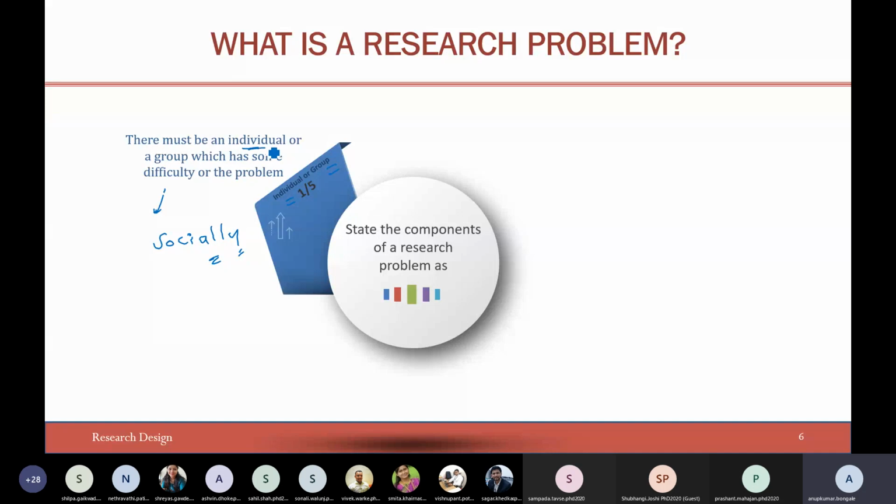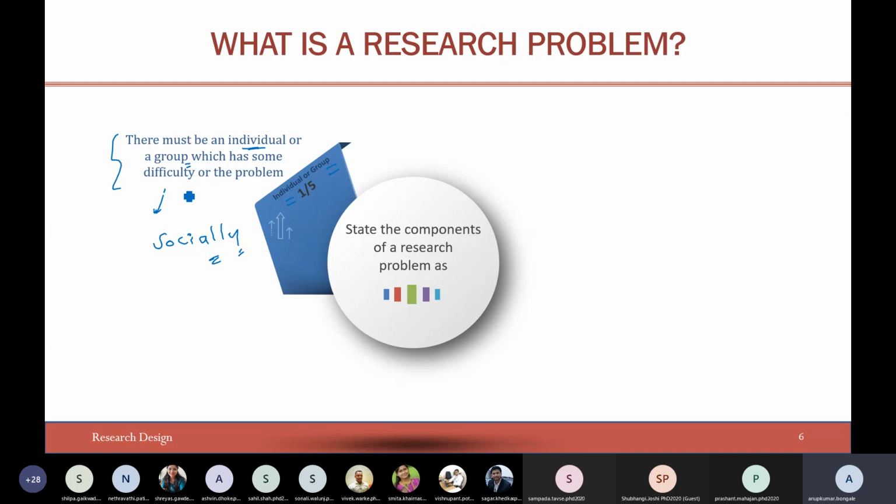An individual can be an end user, and a group could be an industry. So you might think about where you can take up the problem statement from, and whom you can approach. An individual may be a researcher, a person who is already doing research work. A group means an organization. Maybe you are getting associated with a company and taking up their problem and solving it.